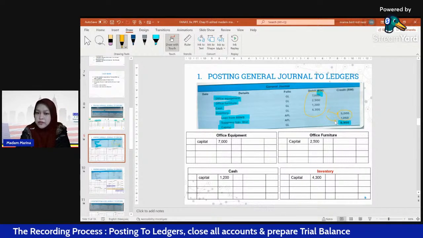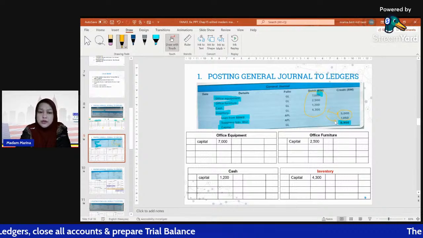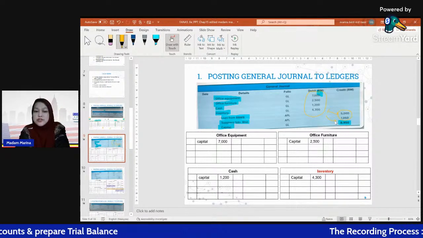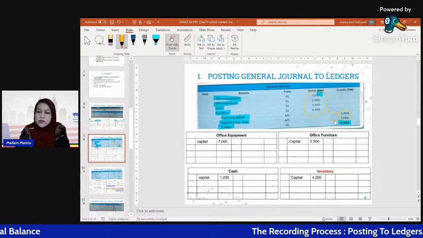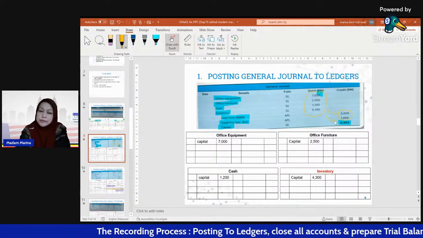This is the capital value. So now, how do we record office equipment, office furniture, cash, inventory, loan from the bank, supplier, and capital? We go one by one.